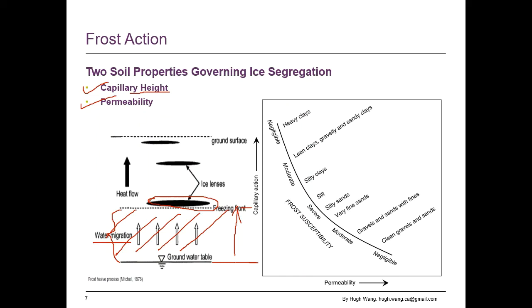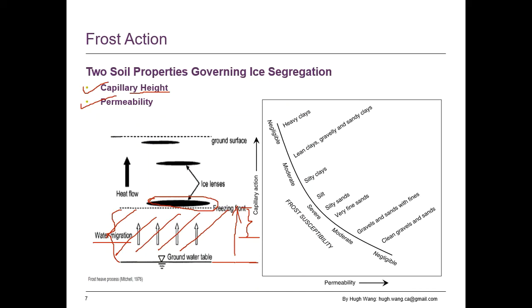For example, if the soil can only draw a depth of this much, then the water migration to the freezing front will be minimal.